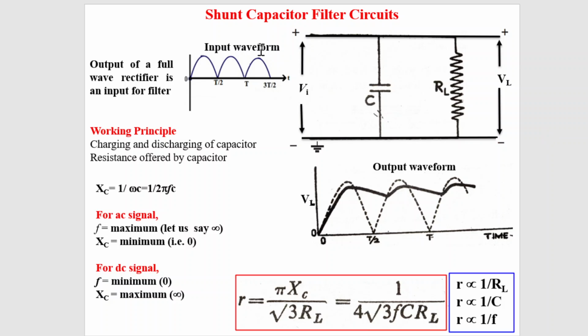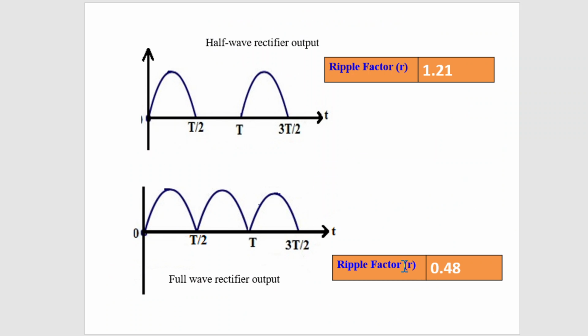As I have discussed, in case of rectifiers, the output of a full wave rectifier is a superimposition of two parts, an AC part plus a DC part. As I discussed earlier, a 48% ripple factor means 48% AC is there in this unidirectional signal we are getting; 48% AC and 52% DC.